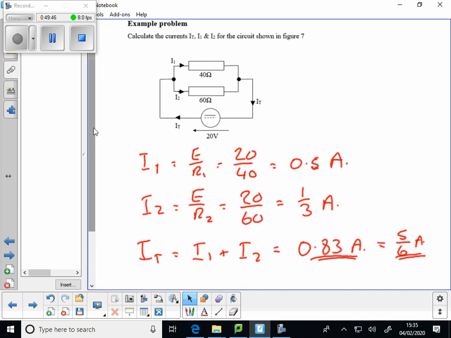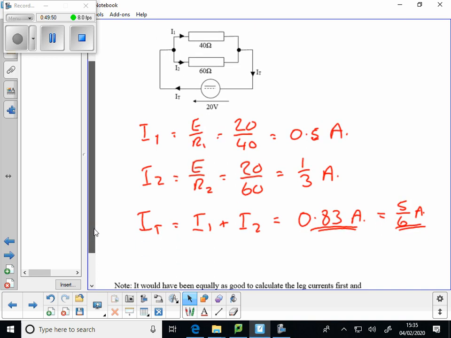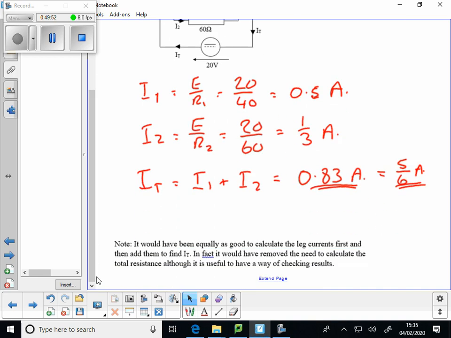A little tip down the bottom: because most students tend to go down the total resistance route, then separately find the two currents, and I say you can check it by adding them together. The tip at the bottom is equally as good: calculate the separate currents, and then add them together to get the total. Alright?